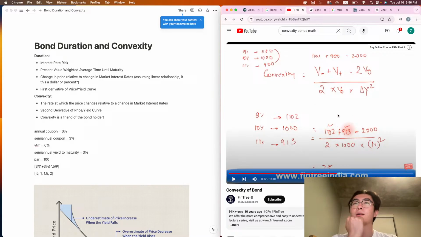Oh, interesting. So that's an interesting way to look at it, right? When yields change, you're going up more than when yields go down, you're going up less, right? 15 by 2, is it 7.5?